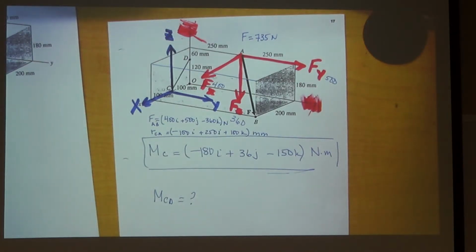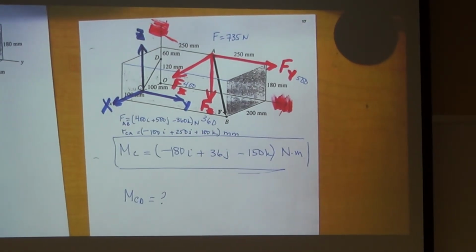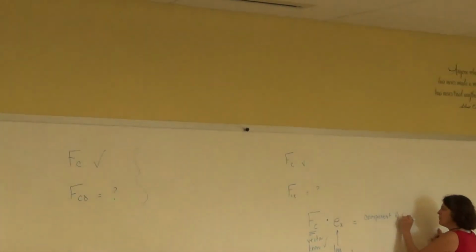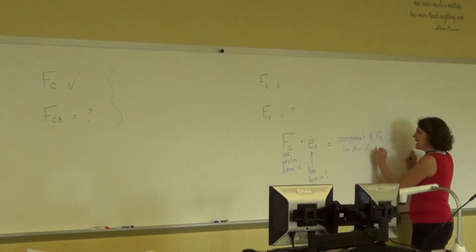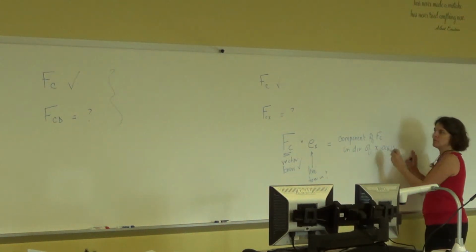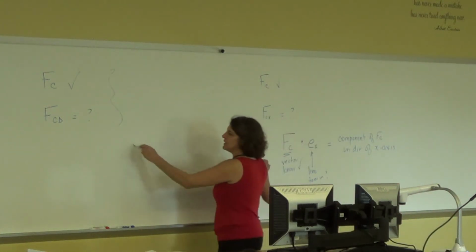This is the vector I know, and this is the line I want to know the force in. So basically, I want to find the component of force C in the direction of the x-axis. Everybody agrees with this, right? We already know this. So let's go from here to here.